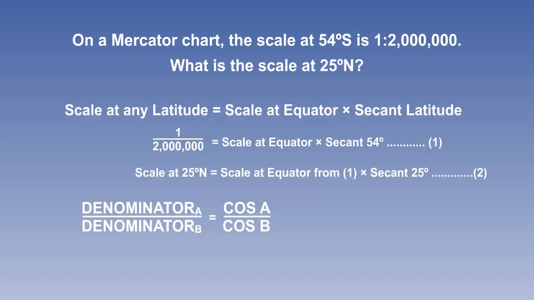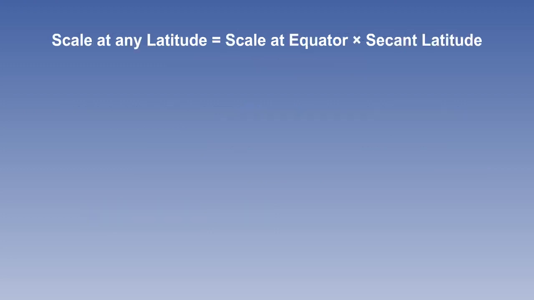Initially, we'll solve the problem the first way, the double substitution. This is useful anyway, because it'll confirm that the denominator decreases as the latitude increases. Then we'll use the new equation, and this should demonstrate how much quicker it is. We'll start by finding the scale at the equator. Scale at any latitude equals scale at the equator times secant of the latitude.